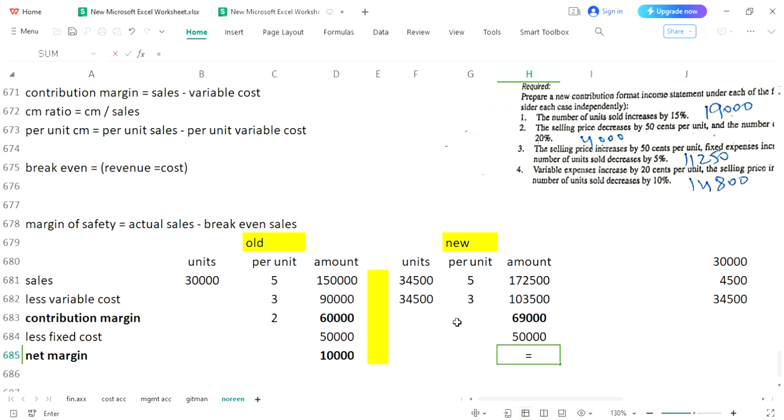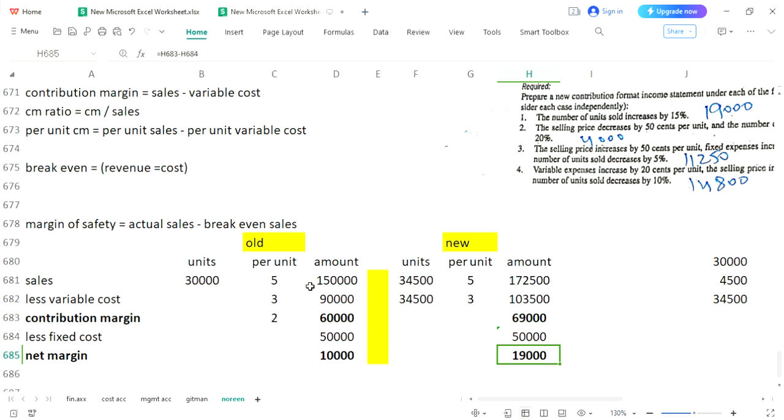Now let's calculate our net margin by subtracting fixed cost from contribution margin. Contribution margin is 69,000 and your fixed cost is 50,000. So we have got our first answer, 19,000. You can see over here the answer is written. First part, 15% increase, 19,000. How can you depict its result?